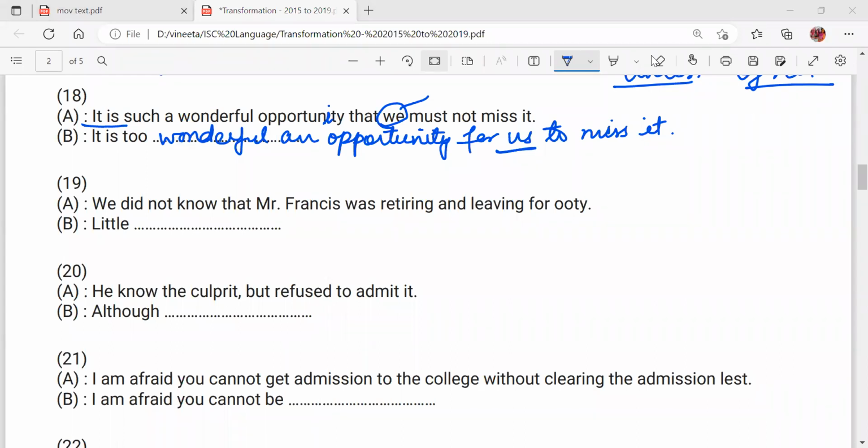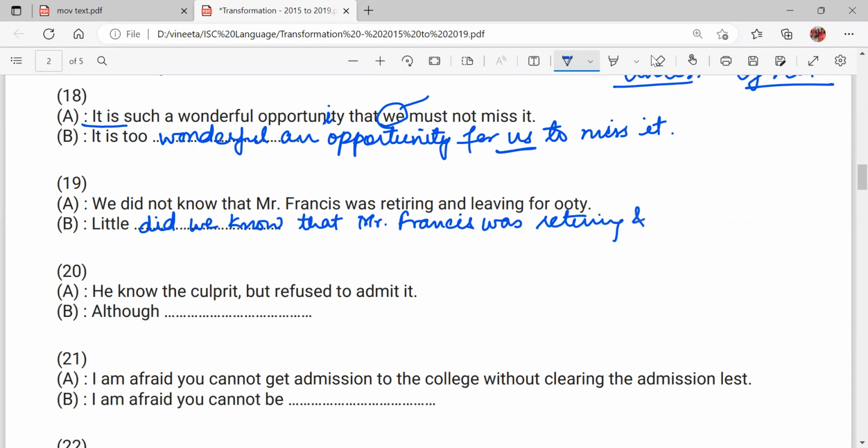Now look at the next. We did not know that Mr. Francis was retiring and leaving for Ooty. Little did we know that Mr. Francis was retiring and leaving for Ooty. Right?